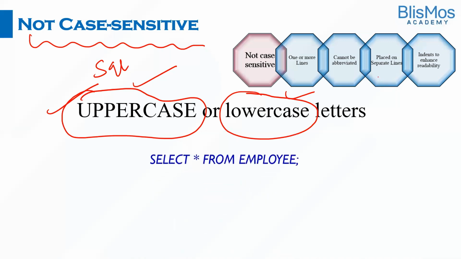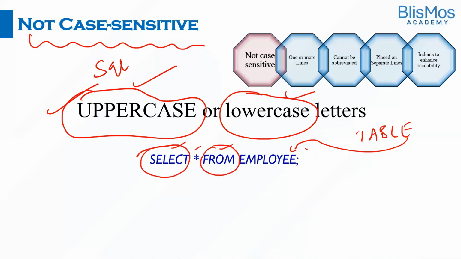Let us take an example here. Assume we are trying to work on a table named employee. In order to fetch all the records from an employee table, I can say select star from employee. In this case, select and from are in uppercase or capital letters. This also works.